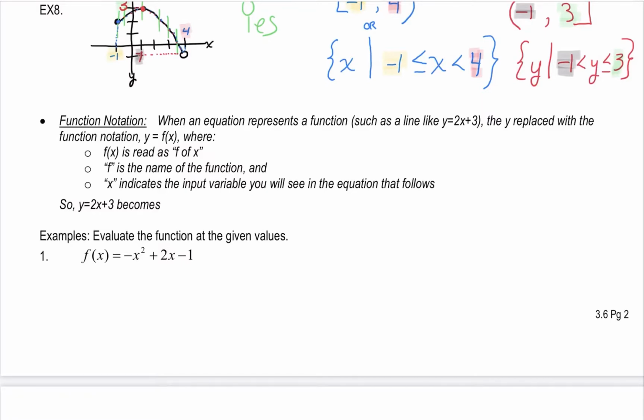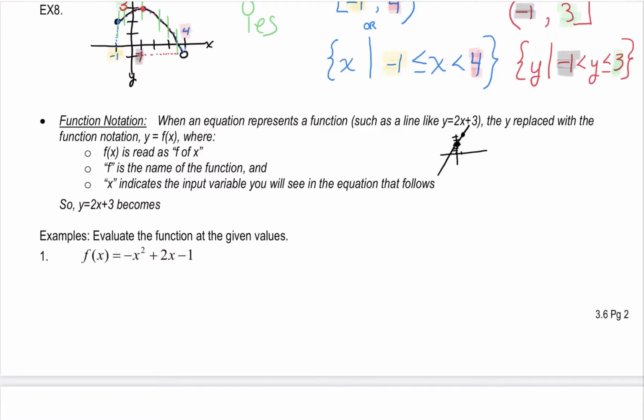It's kind of true. But when we know an equation represents a function, for example, if you remember anything about your basic line y equals mx plus b, you know that y equals 2x plus 3 is just the graph of a line, right? Like this is just the line that would have a y-intercept at 3, and then from there you would go, and you don't need to graph this, but you would go up 2 over 1.